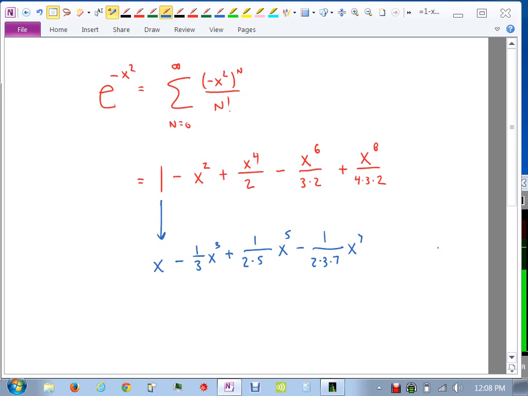So either way, and you should be proficient at both. Write out the series, integrate term by term, or write out the series, integrate the series, write out term by term. See the two different ways to get to the same result. Plus a constant, right? This keeps going if we integrated this.